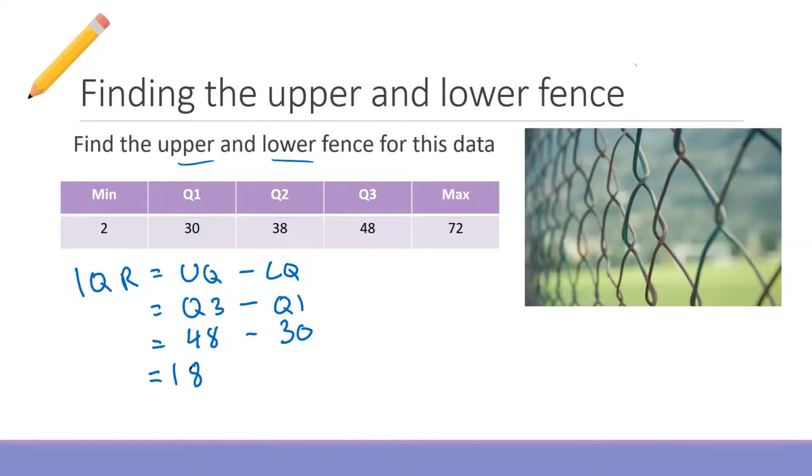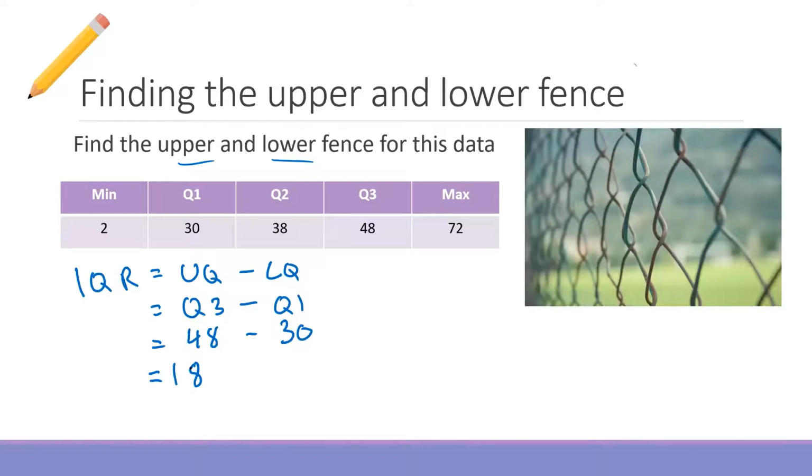This is why I didn't want to cover the interquartile range earlier in the lesson, because we're going to talk about it later on anyway. But if you recall, to find the upper and lower fence, we don't need the interquartile range. We need 1.5 times the interquartile range.